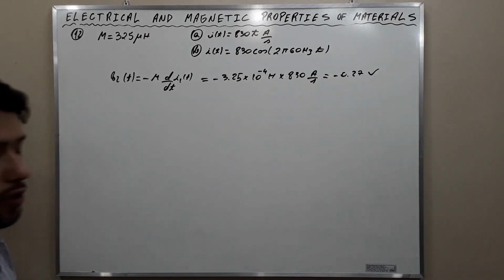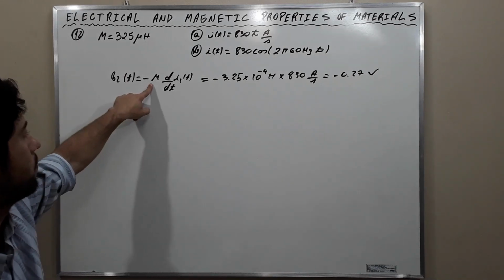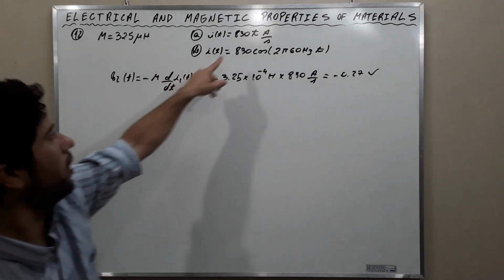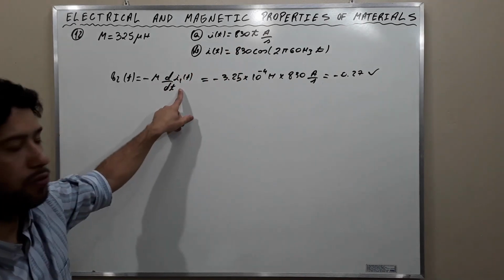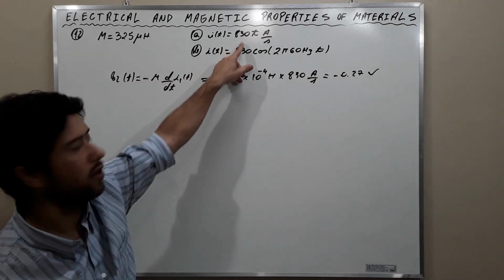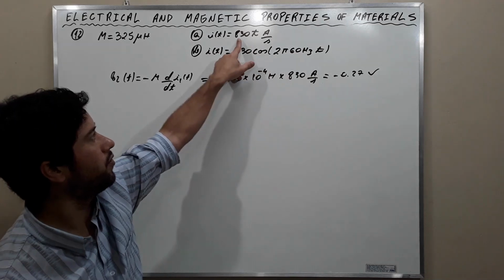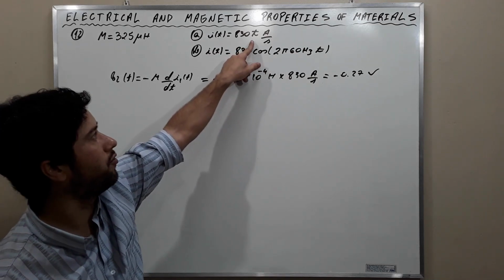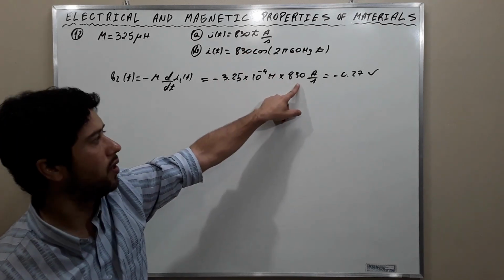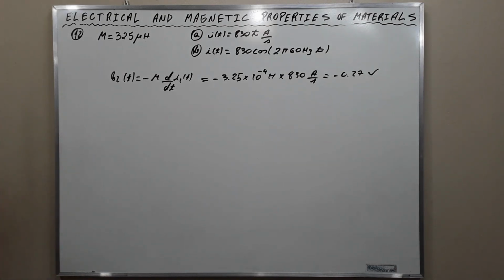Okay? It was easy. You just apply this. Okay? And observe that the derivative of this is this, okay? The derivative of a constant times t is the constant. And multiplying, we get this, okay?